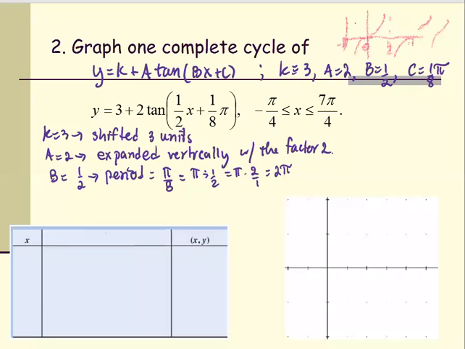So the increment of the 4 equal subintervals, or the delta x, will be 2 pi divided by 4, or the period divided by 4, or the increment of pi over 2.